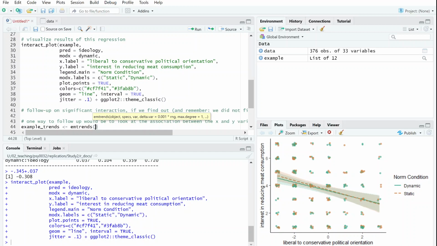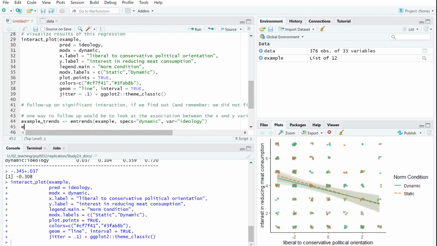And we're going to tell emTrends to think about the example model that we created, and specifically to look at the association, oopsie, I meant to say equals here, not minus, the association between variable equals ideology and interest in reducing meat consumption, which it knows because that's how we specified things in this example model, separately for the different levels of this dynamic variable, which had values of 0 and 1, 0 for static and 1 for dynamic.